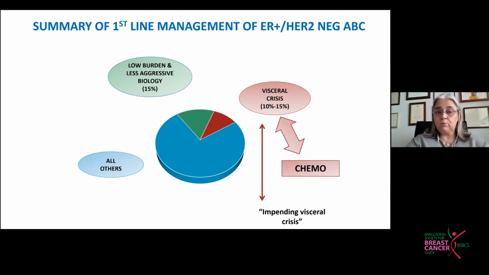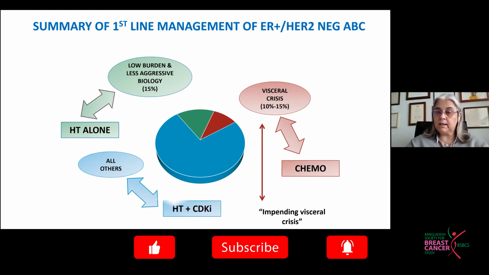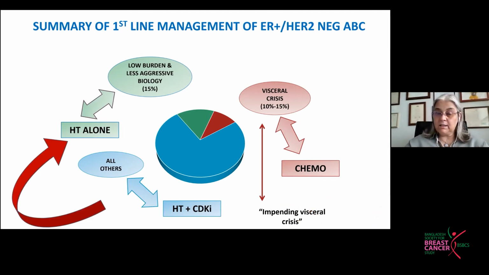For this subgroup of also about 15%, less burden, less aggressive disease, you can use endocrine therapy alone. And for all the others, if you have access, what is recommended is endocrine therapy and the CDK4/6 inhibitor. But please, in your setting, if you do not have access to CDK4/6, your second best option is endocrine therapy and not chemotherapy.